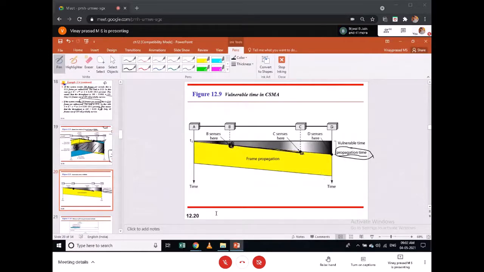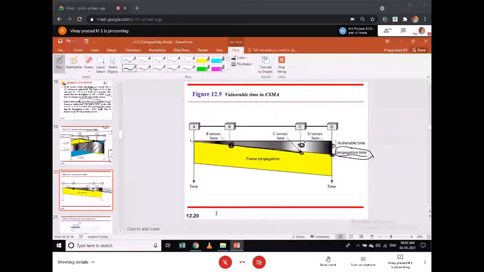Again, D should not send the data because B would be utilizing the channel. But before that, if C or D senses at this point, both will come to know the channel is free, because these signals have not yet reached and been heard by station C and station D. That is due to this vulnerability time of the propagation delay.